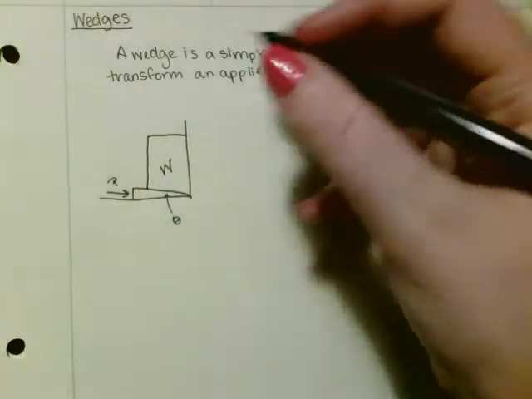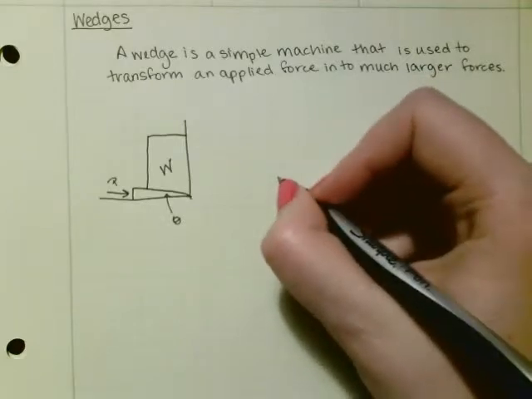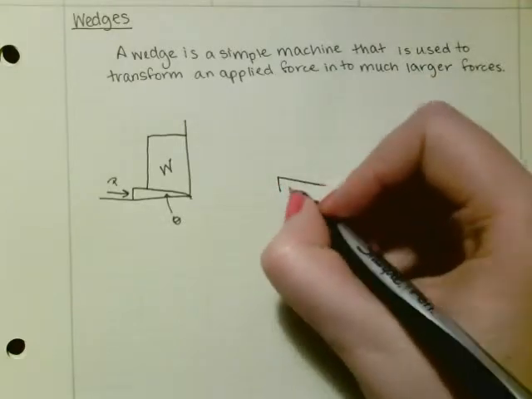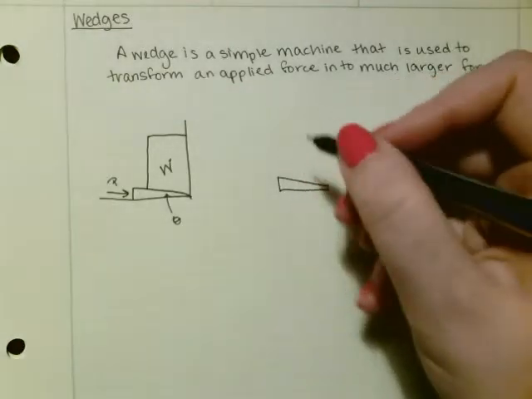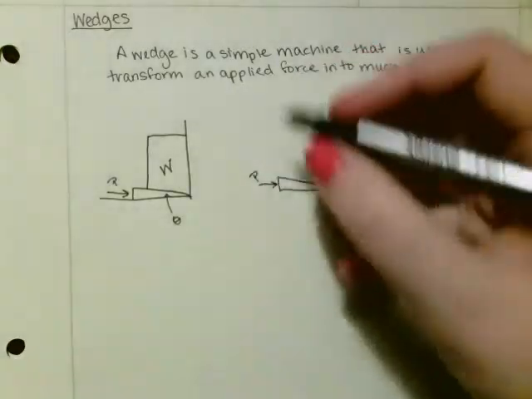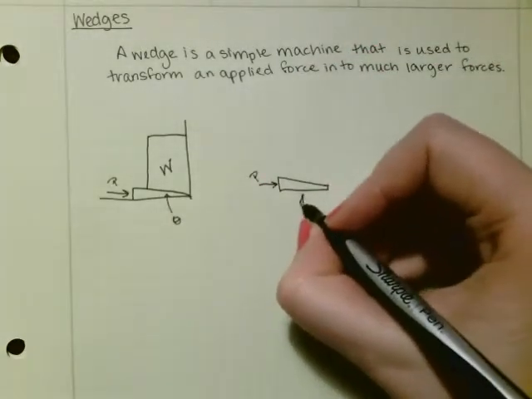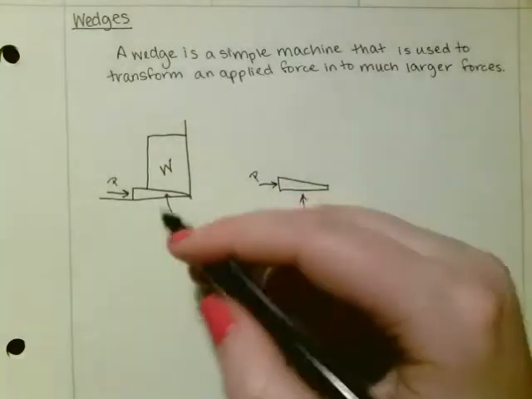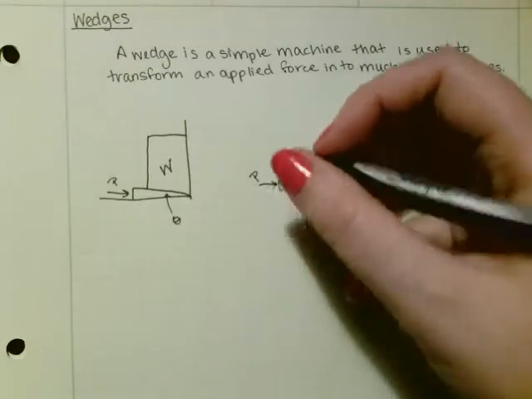So, if I were to make a free body diagram of just this wedge, I would have P. I would have my normal force, I'll call it N1, with the ground, or whatever surface it is.